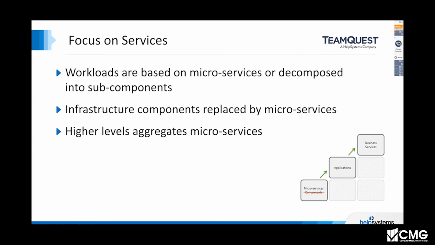Another thing that you need to keep in mind is that you need to focus on services rather than components. The traditional capacity management approach has been to go from components to applications to business services. The component aspect is completely replaced by microservices. So you need to focus on those. You need to instrument those. You need to understand how much resources each microservice is using.